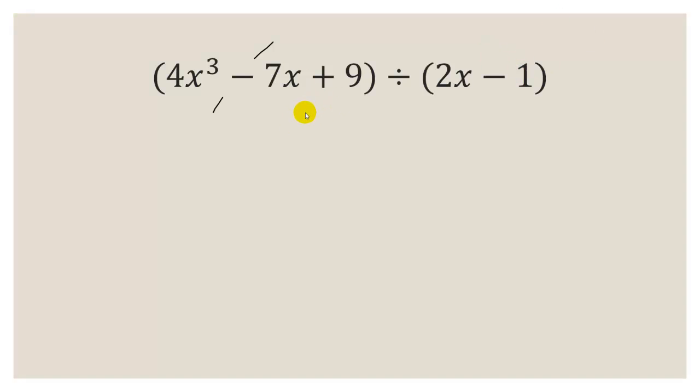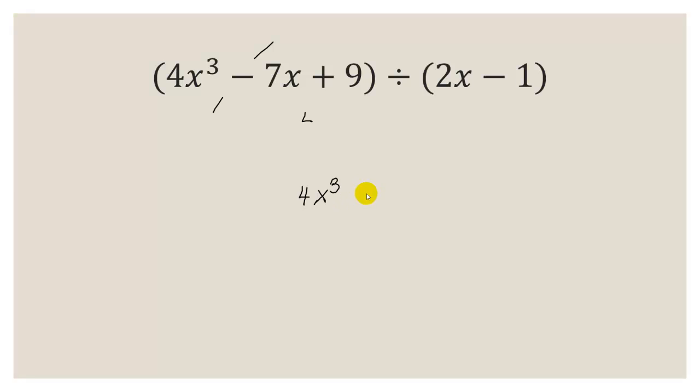So we have, sorry, it's a little messy. Let's write it down here. So we have 4x cubed, and let's pause for a moment. Notice there's no x squared term. Just like if we were writing the number, let's say 2003, you'd have to put placeholding zeros for the hundreds place and the tens place. We have to do the same thing here.